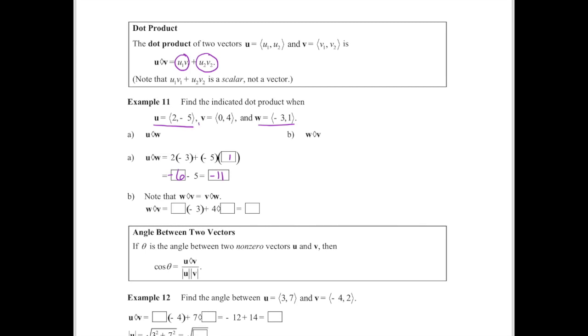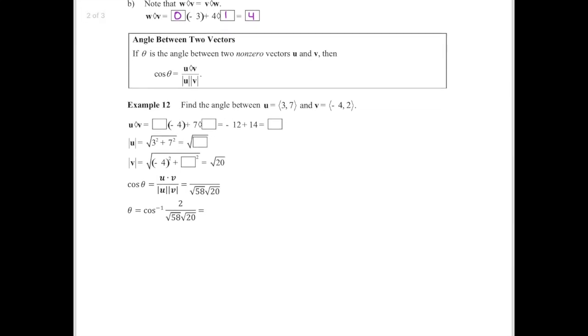This time I'm going to use v and w, taking 0 times -3, adding that to 4 times 1, which gives us 4. I have a little note here: because multiplication is commutative, it doesn't matter the order in which we multiply. We can multiply w dot v or v dot w and end up with the same result.